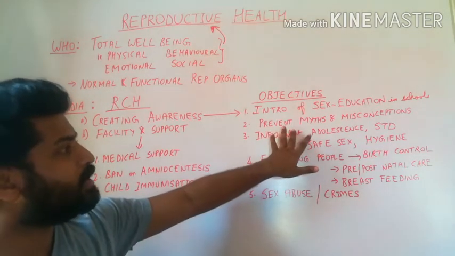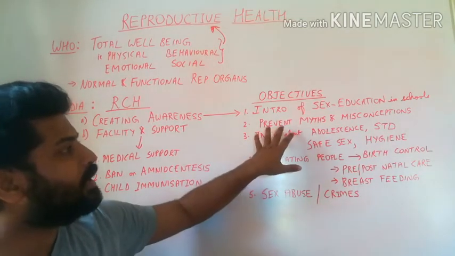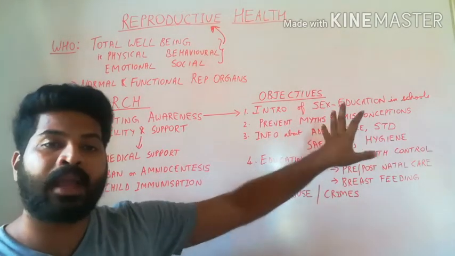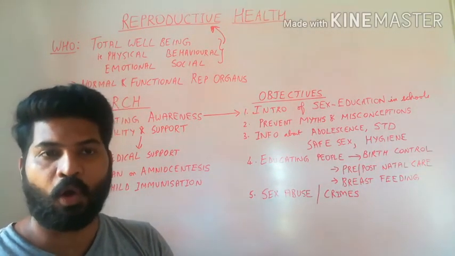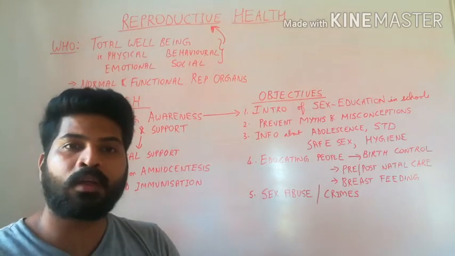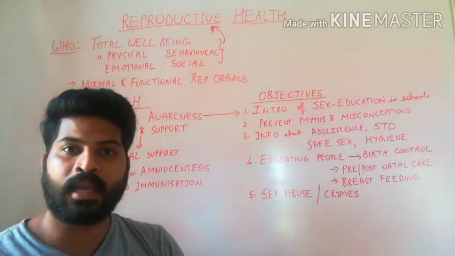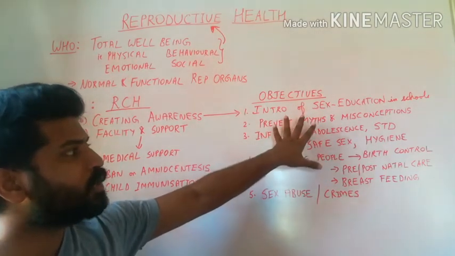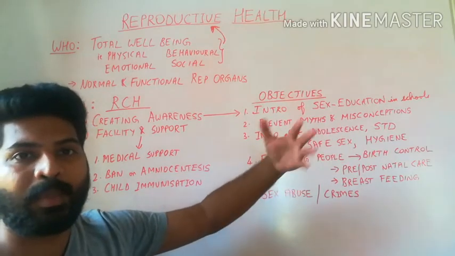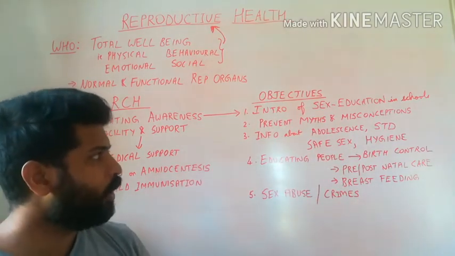And when these lessons are included, they also prevent or discourage the spread of myths and misconceptions regarding sex related aspects. All the wrong notions that youngsters might have related to sex and other aspects will be dealt with. So, prevention of or discouraging the myths and misconceptions is one of the objectives.